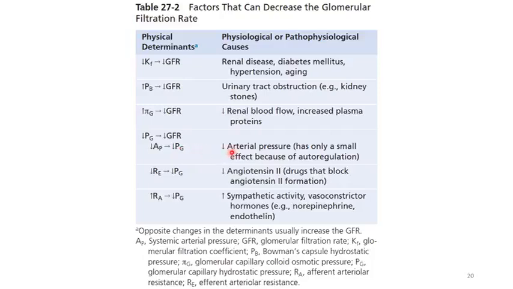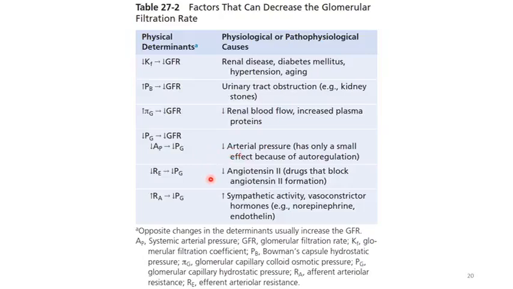It works within a range, and out of this range, this autoregulatory mechanism cannot be so effective, and reduction of arterial pressure will lead to reduction of hydrostatic pressure inside glomerular capillaries.